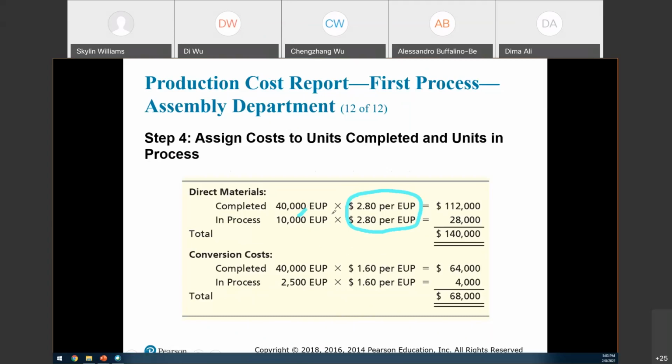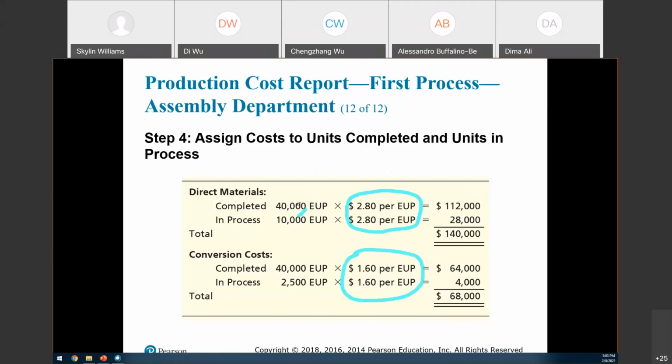Regarding direct materials, the unit cost per EUP is $2.80. And regarding conversion cost, the unit cost per EUP is calculated at $1.60.